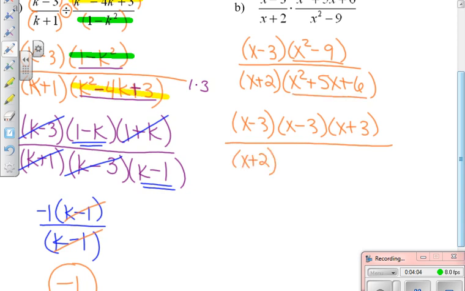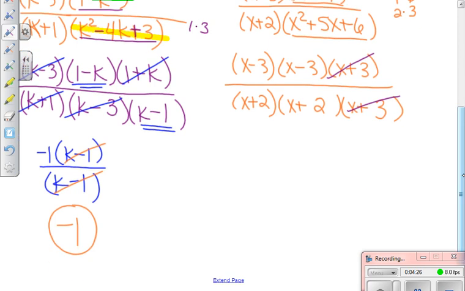Now this trinomial, it's plus plus, so I know I have x plus and x plus, and I need to look at the factors of 6 so that when they combine they make 5. That means 2 and 3. Now I can go ahead and cancel x plus 3 and x plus 3. And that's it.